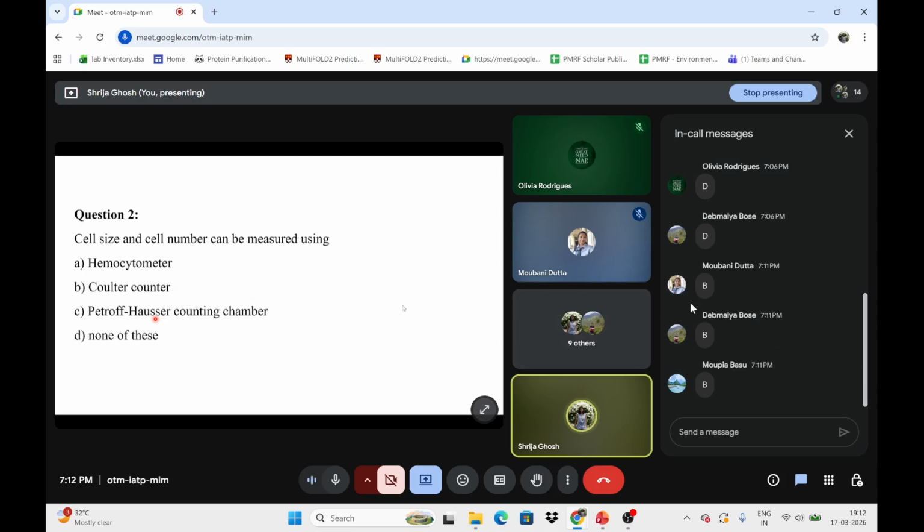Anyone else wants to answer? Okay, the three answers in the chat box are option B, Coulter counter. All three are option B. Okay, I have one more answer from Olivia. Option C, Petroff-Hausser counting chamber. Okay. Anyone else wants to write the answer?